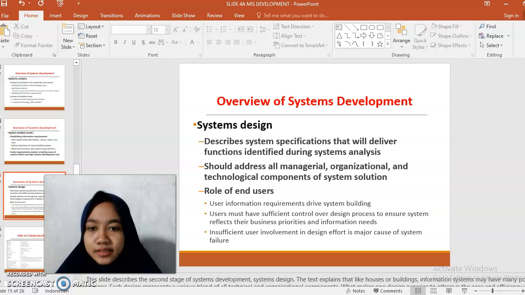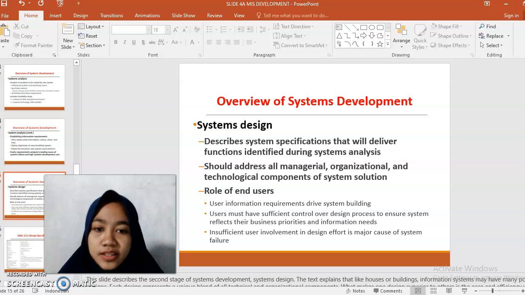System design: describe system specifications that will deliver the functions identified during system analysis. It should address all managerial, organizational, and technological components of the system solution. Role of the end user: user information requirements drive system building.